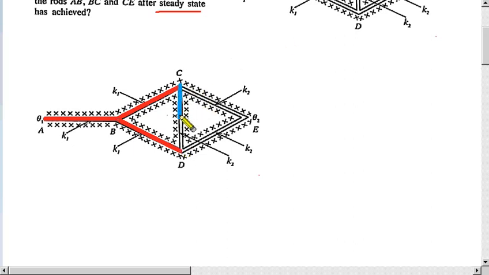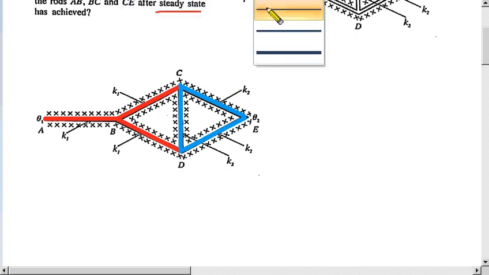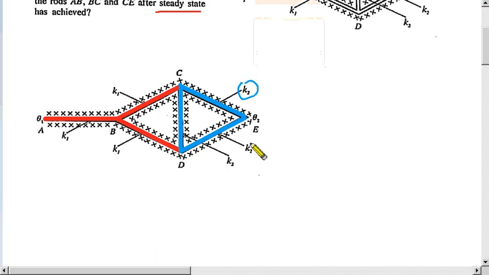These are made of some other material whose thermal conductivity is K2. So now that idea easily goes to our head. They have denoted here K2, K2, K2, these three.